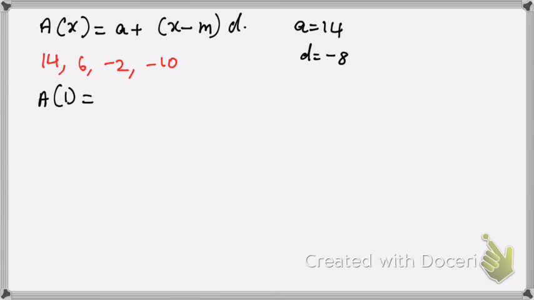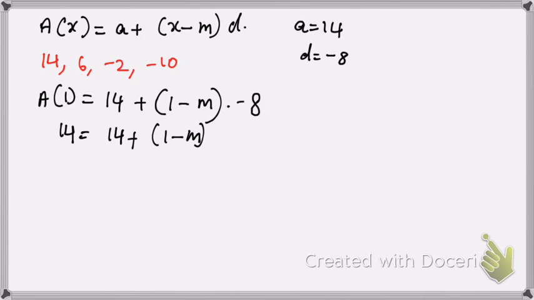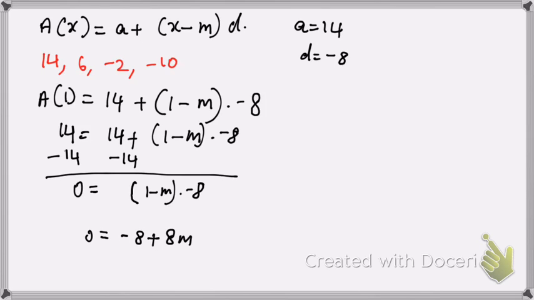A of 1 equals, A is 14 plus 1 minus M times -8, okay? So we know that A of 1 is 14. So 14 equals 14 plus 1 minus M times -8. So it's pretty simple to solve this equation, right?